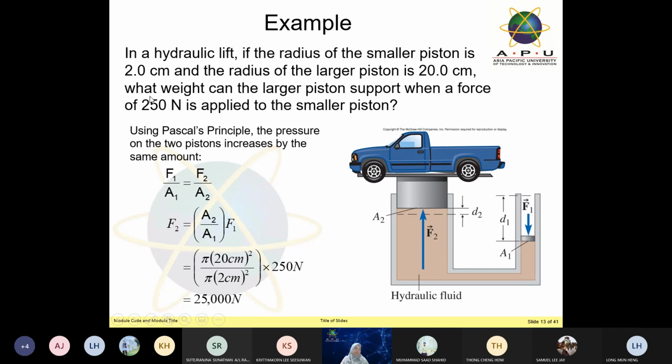Not the weight. When the question asks for weight, you need to divide this by 9.81 actually. So this is the answer if they ask you what is the force of the larger piston. But for weight, you need to divide by 9.81.